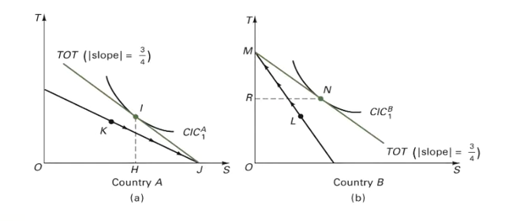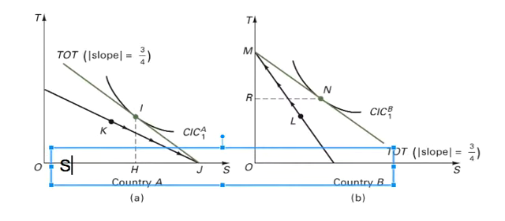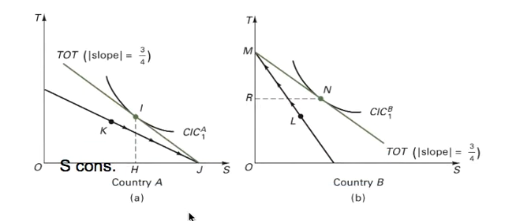Great. So in country A, you can see that the amount of good S that is consumed is given by the line O, so the origin, connected to H. So we see the amount OH is the amount of S that is consumed.